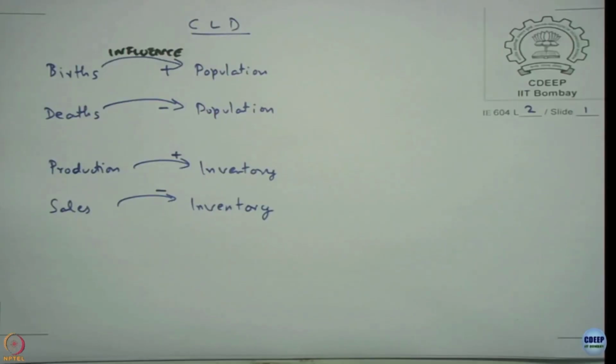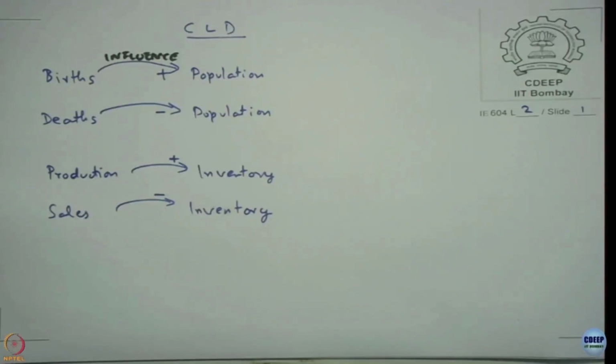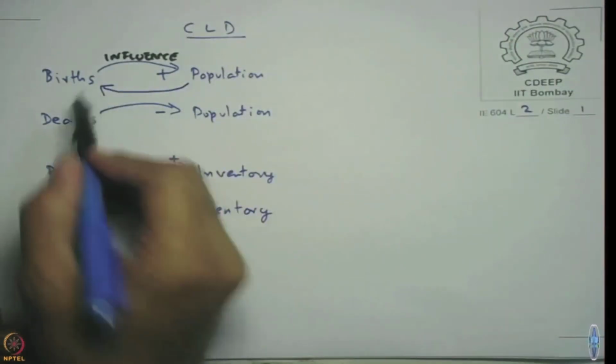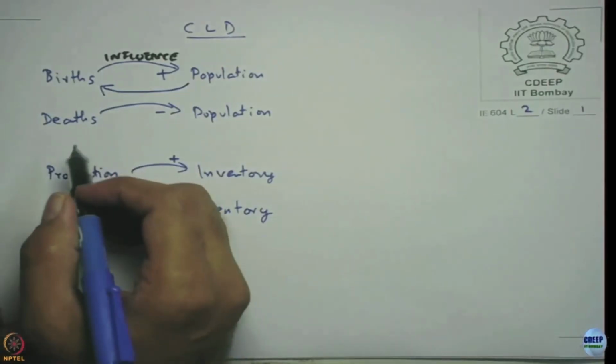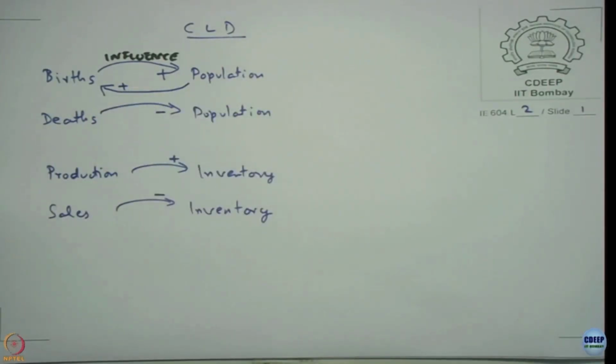This is a very simple example on plus and minus. Also, as more population occurs, more births occur. So, to indicate that, we can close the loop by adding this population and birth link and have a plus sign here.